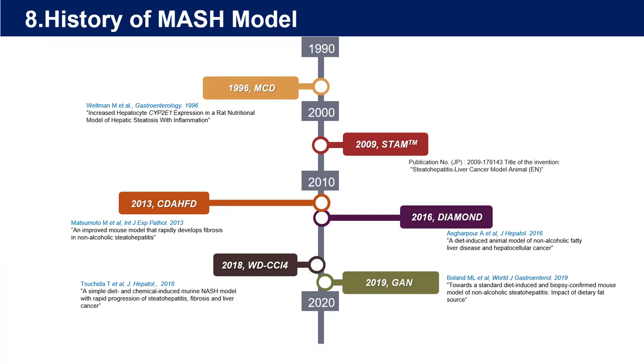In other words, it has become extremely important to select the appropriate model based on the specific objective. In the following section, we will take a detailed look at the specific models available, their respective characteristics, and how they should be selected and utilized.